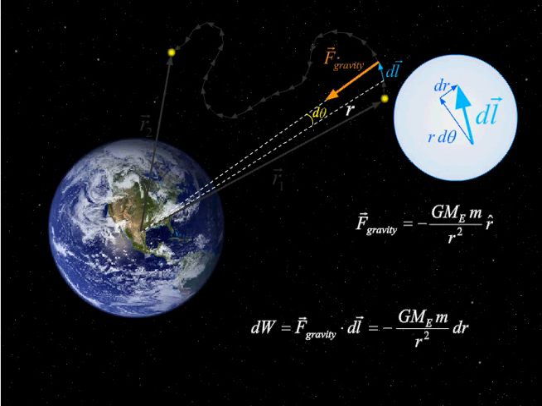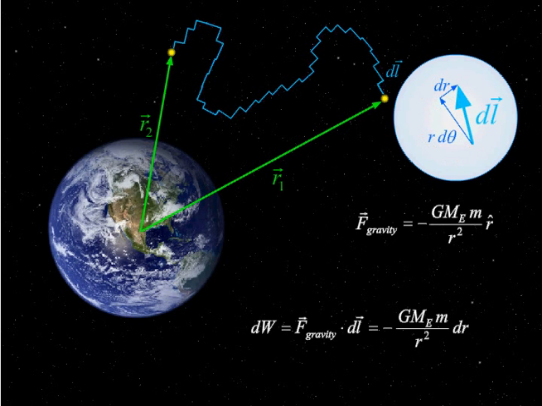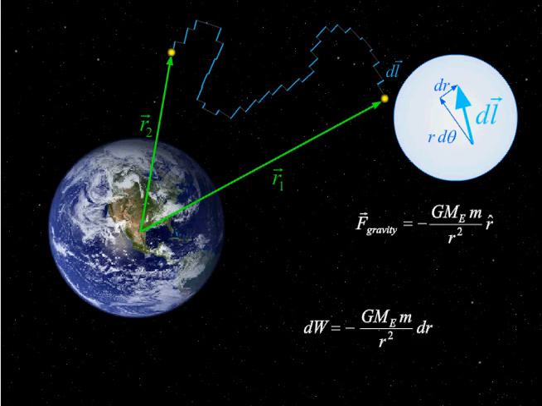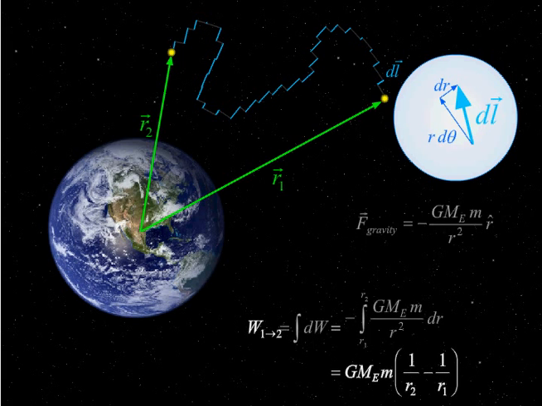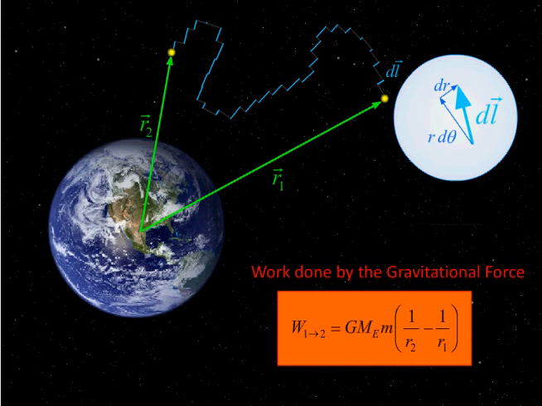The work done when moving along the radial step is just equal to the force at that point times the radial displacement. The total work is therefore just the sum of the work done by all the radial steps as shown. To make this sum, we do the integral and obtain our result, that the work done by the gravitational force as an object is moved from r1 to r2 is proportional to 1 over r2 minus 1 over r1.